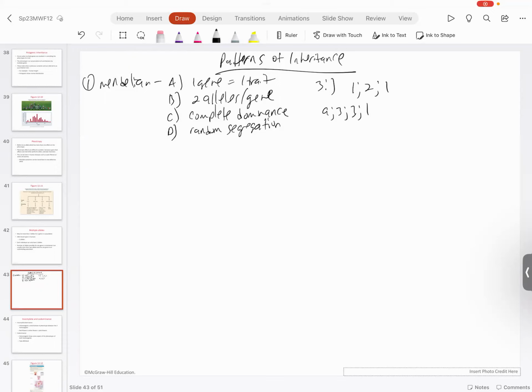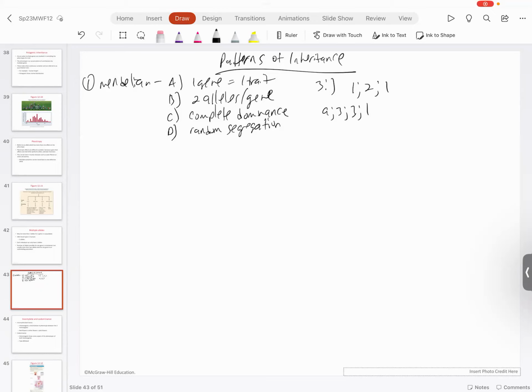What's the importance of the 9-3-3-1? When you get into different patterns of inheritance, and this is something we get into a little deeper in genetics, all the different patterns of inheritance are actually based on the dihybrid cross. Let's say you have two genes that are interacting with each other. That means they're not independent, which is already a violation of Mendel.